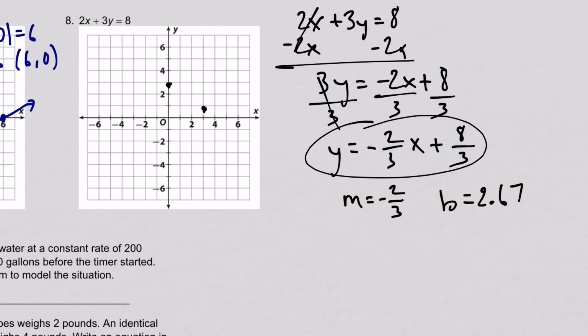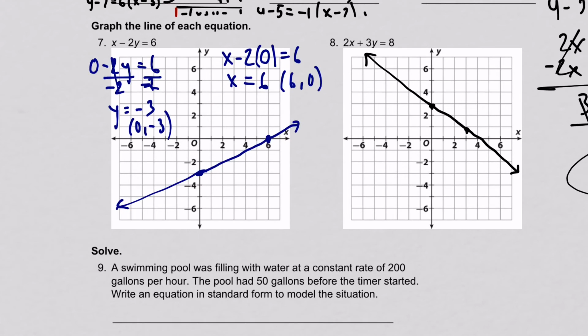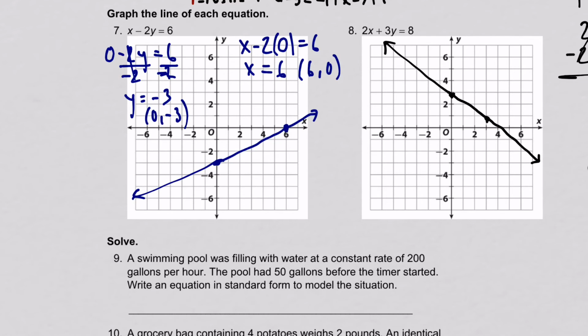Down 2, to the right 3. Now I connect those two dots and I am done. And that's how you graph it using slope-intercept form instead of finding the intercepts. Either way is correct.